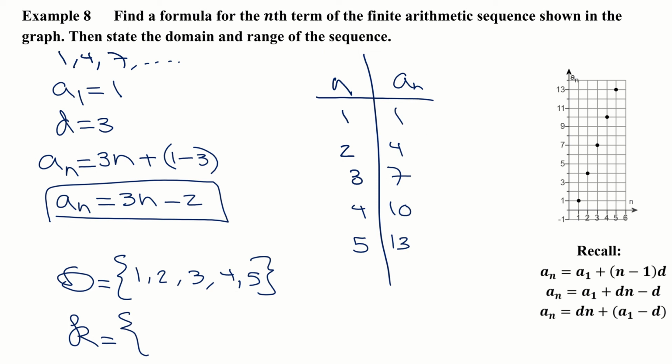So 1, 4, 7, 10, and 13. Remember, this is a finite arithmetic progression, and you're seeing all the terms depicted in this graph. Okay, so that's how you would approach that one.